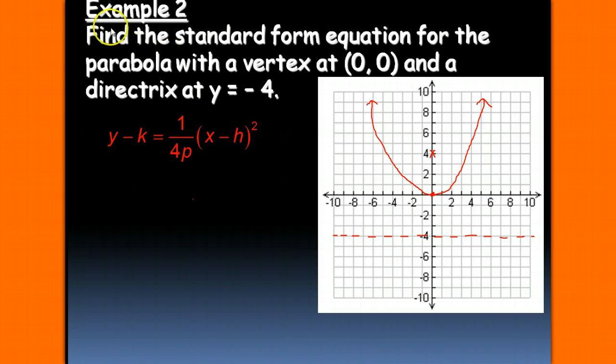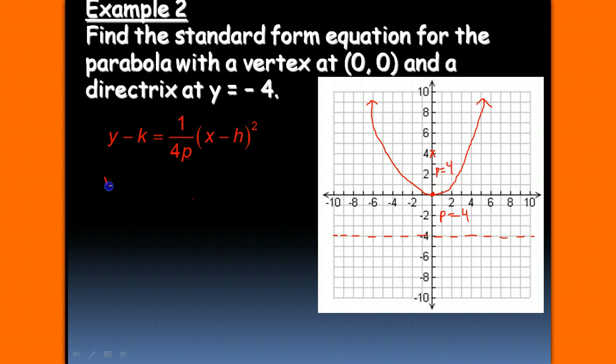Do we have our p? We actually do. If you think about it, we know that p is the distance from the directrix to the vertex. That equals 4. Or we could also look up here at the distance from the vertex to the focus, which is also just going to be p equals 4. So we have everything that we need.